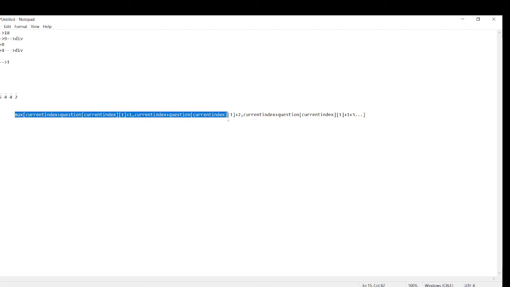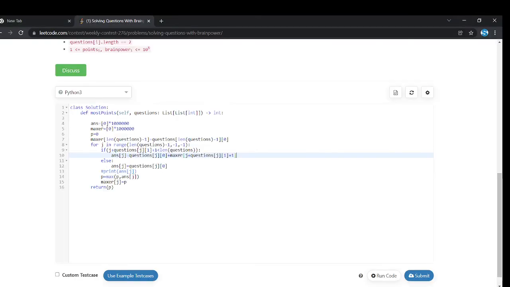That would be the maximum of all these things. So for doing all these things, we are actually storing it at one particular place, which will be nothing but maxer.